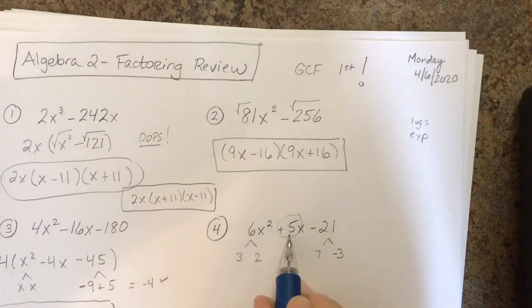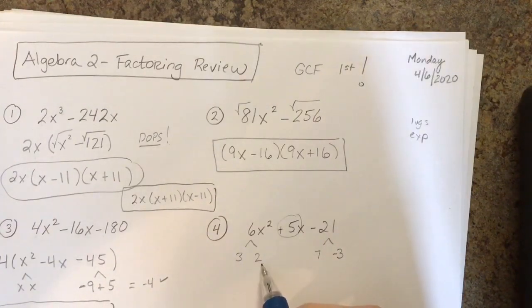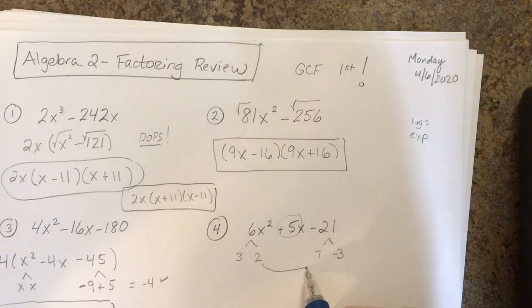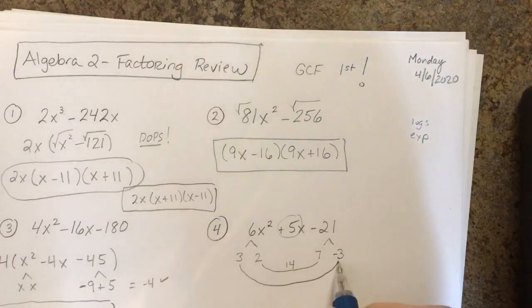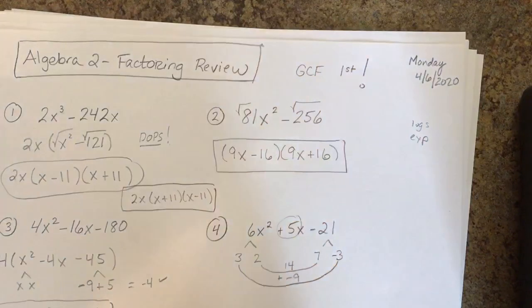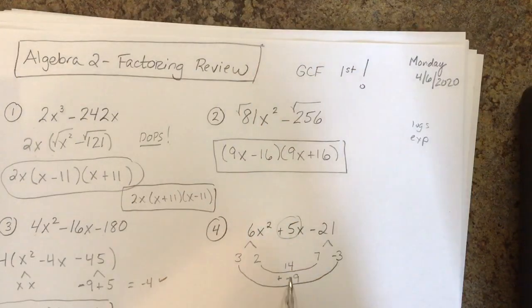Can I get 5 from this? Well, I got to pair the 7 correctly. I'm going to pair the 7 with the 2, that is 14. And 3 times negative 3 is negative 9. And 14 plus negative 9 is 5.